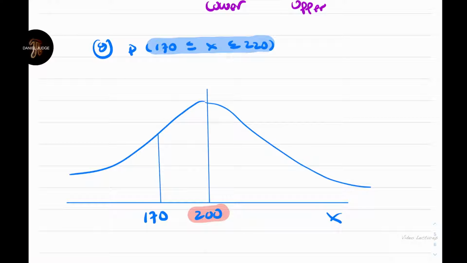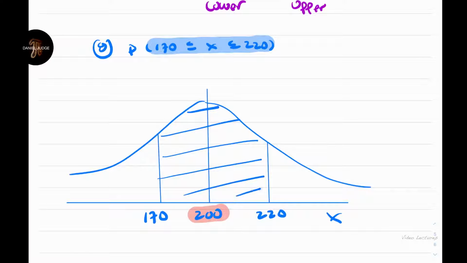It's really not to scale, these pictures, just to let you guys know. And then 220 is larger than 200, so we're going to put that value here on the real number line there. So now I do have my lower and upper values. They want to know what percent of the bell here is shaded. So you now have, again, the lower. You have the upper. What percent of the bell is shaded?